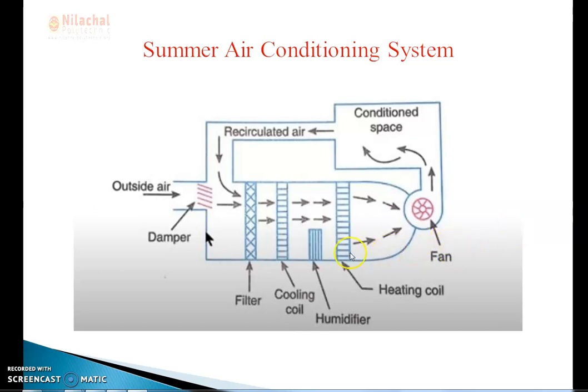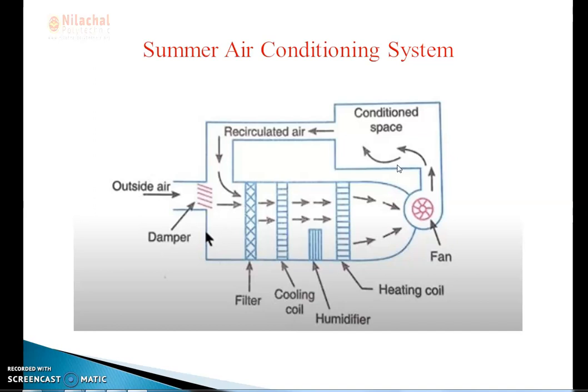The used air from the conditioned space is exhausted to the atmosphere by the exhaust fan or the ventilator, and the remaining part of the air, known as the recirculated air, is again conditioned as shown in the above picture, and this process is repeated.